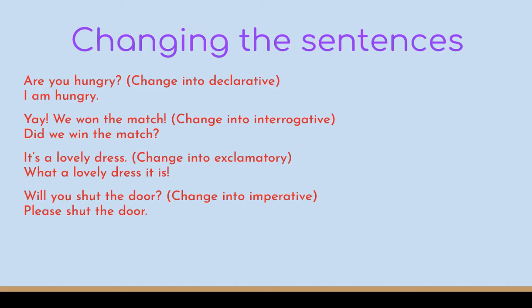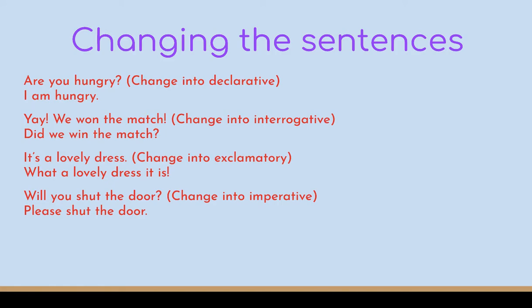It's a lovely dress. Change into exclamatory. What a lovely dress it is. So you see, when we are changing it to exclamatory, there might be two types or just one type. While changing it, you can just choose any one of the types. For example, it's a lovely dress. You would say, what a lovely dress it is.